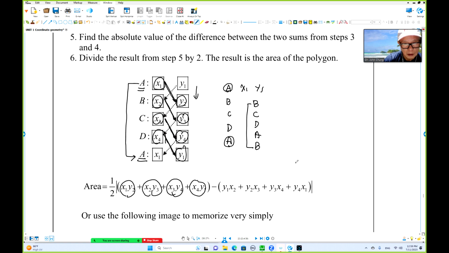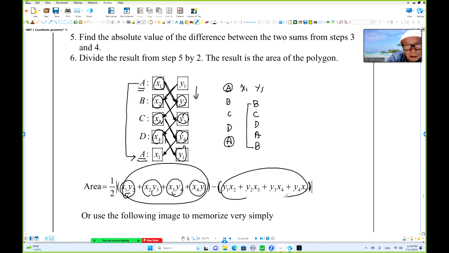After that, the other side, okay? Right to the left: y1 times x2, y2 times x3, y3 times x4, y4 times x1. Over here you need the parentheses, okay? Add them up. Take the sum of this one minus the sum of the other one and take the number.